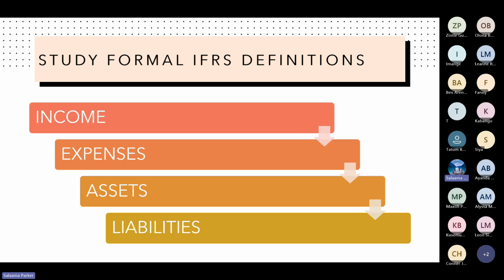Am I right, Bev? Maybe just here and there we will be a bit lenient, but with a formal IFRS definition, it has to be given as in the textbook in order for you to be given the full marks. It's only where we will say explain in your own words where we will be very lenient.